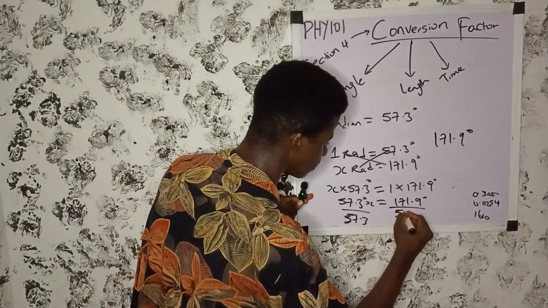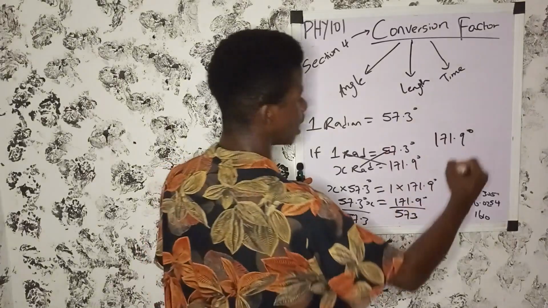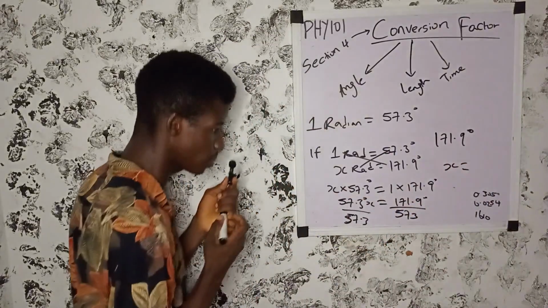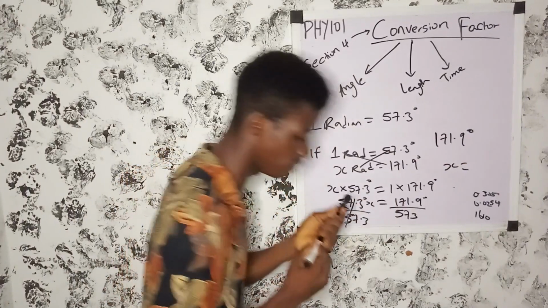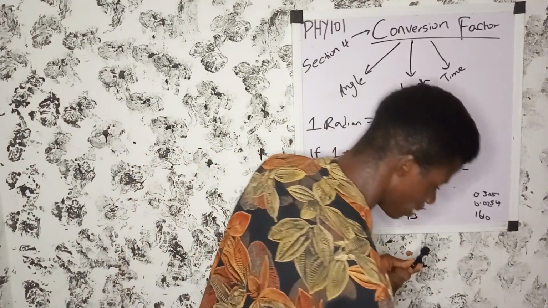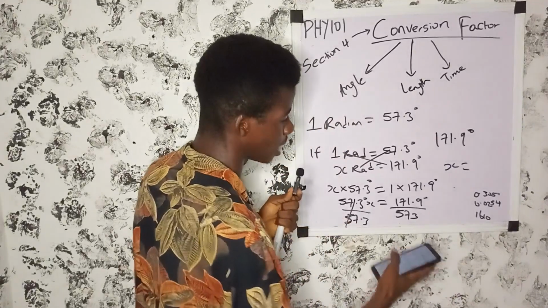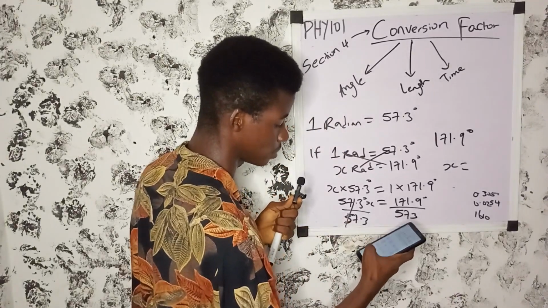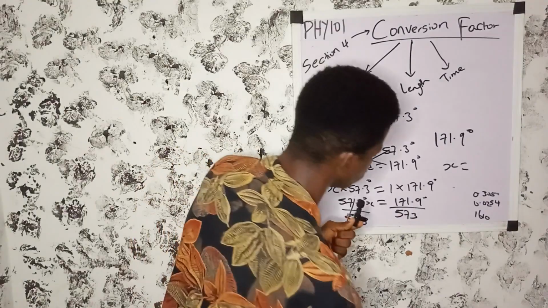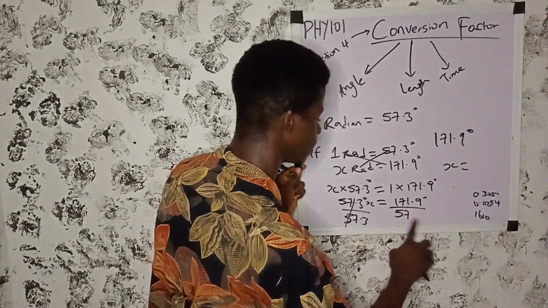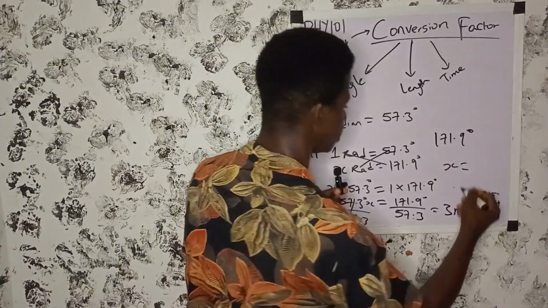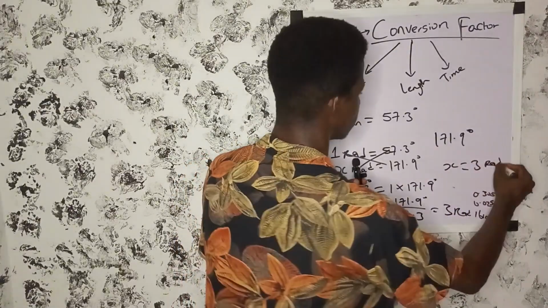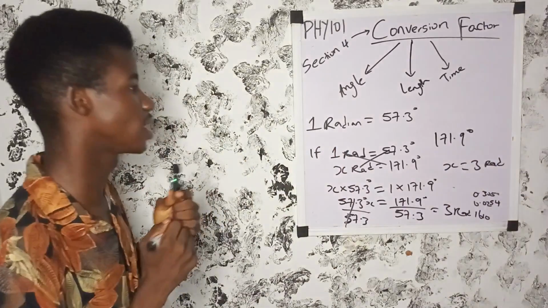Dividing both sides by 57.3, the 57.3 cancels on one side, and 171.9 divided by 57.3 gives us 3. So x equals 3 radians. It's very easy.